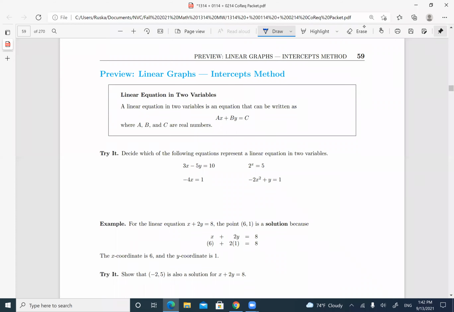We're going to graph equations like that. So here we have: decide which of the following equations represent a linear equation. Looking at this one, 3x minus 5y equals 10, is that linear or no? Yes or no?